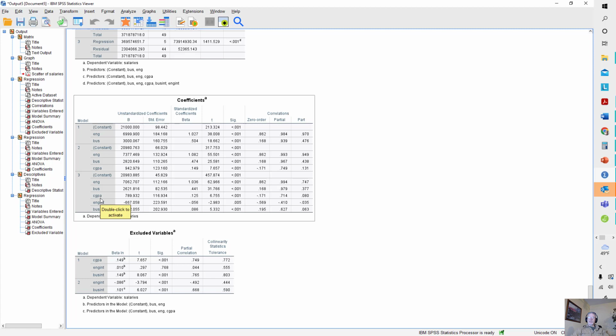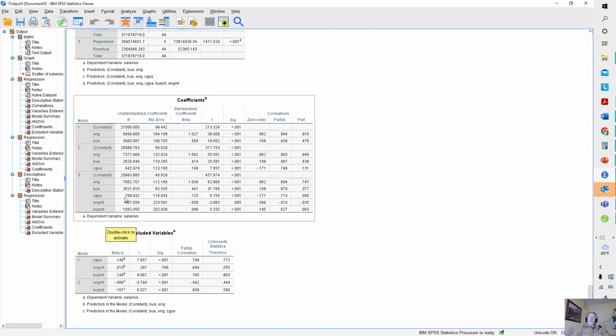The degree to which centered GPA makes a difference is $789 for a 1-point jump. This applies to the people zeroed out everywhere else. So that means that it's for the liberal arts majors. A liberal arts major at an average of 2.78, as we saw when we did our descriptives to find what the average centered GPA was, would be making 21,000.